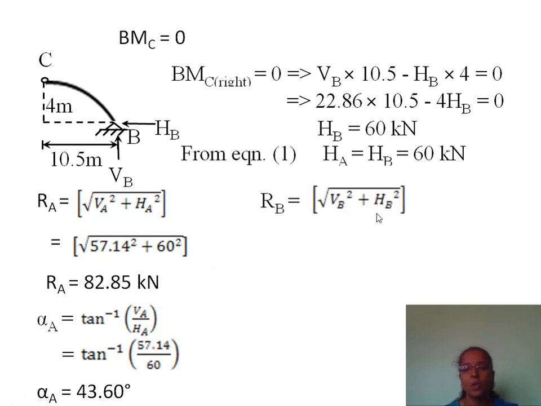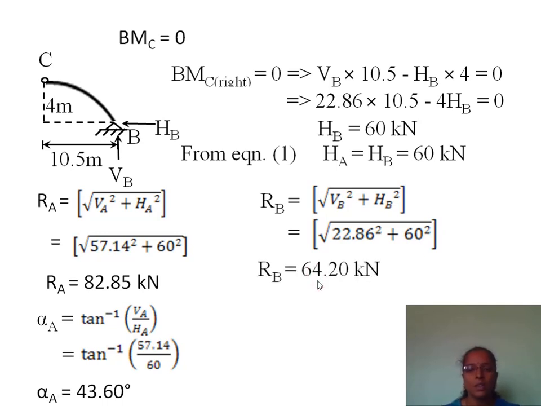On the same basis, let us calculate RB. RB is equal to square root of VB square plus HB square. Substituting VB as 22.86 and HB as 60, RB is 64.2 kilonewton. Similarly, the angle made by RB with respect to horizontal is tan inverse of VB by HB, which is tan inverse of 22.86 divided by 60.